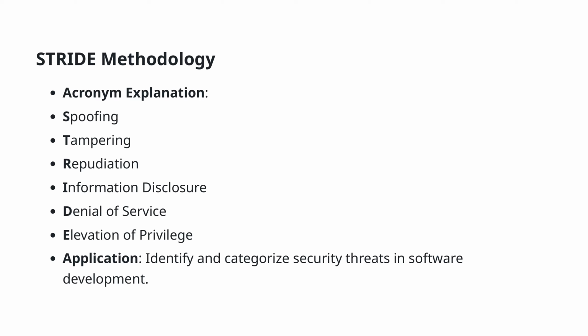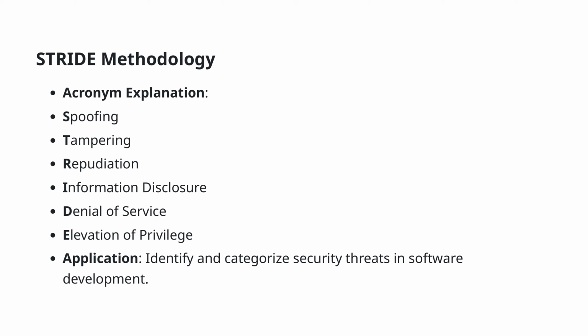Now, let's delve into the STRIDE methodology. STRIDE is an acronym representing 6 categories of threats that can be used to identify and evaluate potential security issues in software development. Firstly, spoofing refers to the act of pretending to be another user or system. This can lead to unauthorized access and data breaches. Tampering involves altering data or code illegally, undermining the integrity of the information.